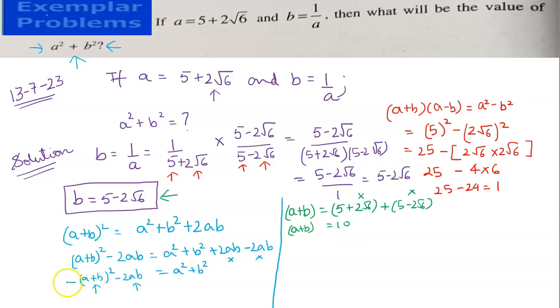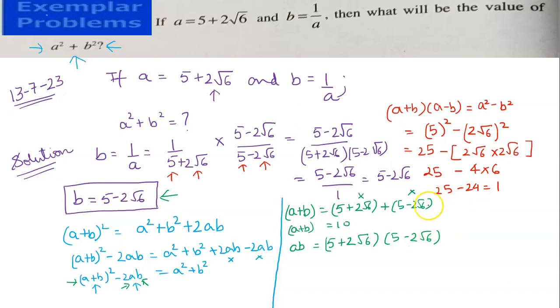So I can substitute the value of a + b here. Now I need to find the value of a times b. Can you see here ab, where I'm putting the green arrow on the left side? So ab is equal to (5 + 2√6) multiplied by (5 − 2√6).